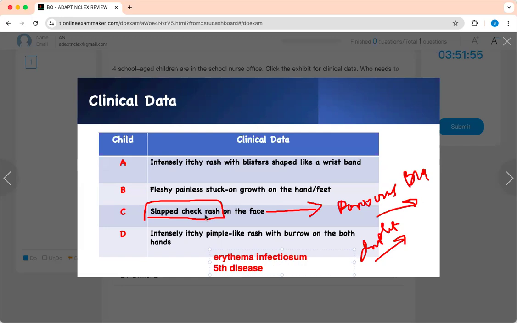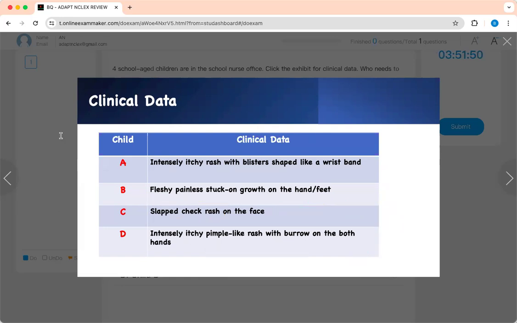So long as you have the rash, you are not infectious. So this kid, go back, even though it looked like he has something going on in his face. Test-taking strategy: you've got to pick this one. Number 4, intensely itchy, right? He has a pimple-like rash. Keyword, burrows on both hands and feet. Which condition will make your hand so itchy and look like there are pimples?